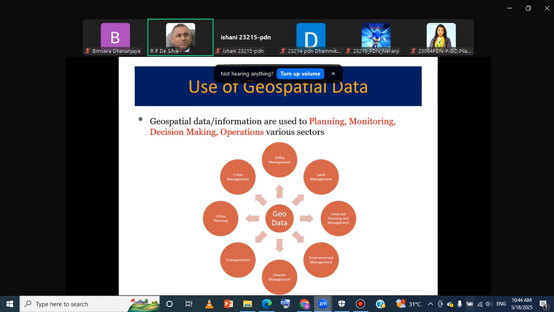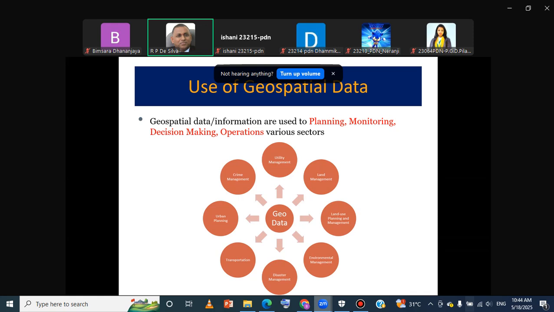So if you look at the use of geospatial data, this is a borrowed slide. We use data for planning, monitoring, decision-making operations, and various sectors like crime management, utility management, land use planning and management, environmental management, disaster management, transportation management, urban planning and management.